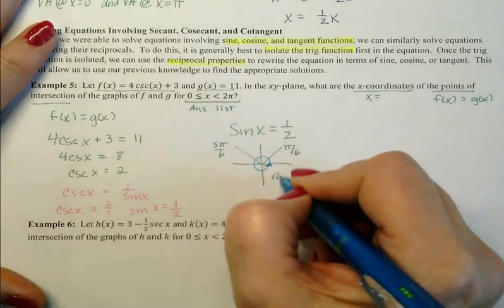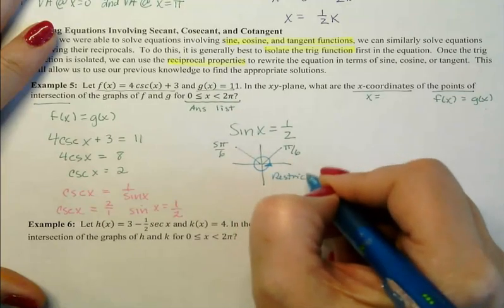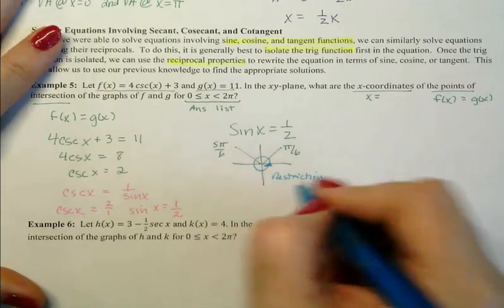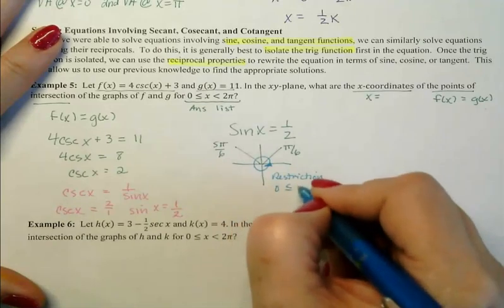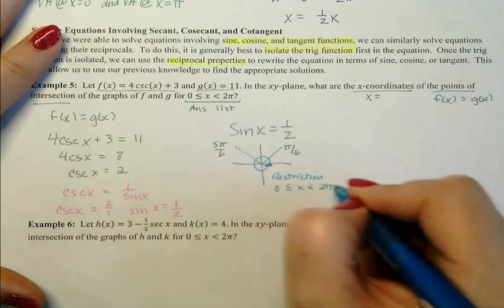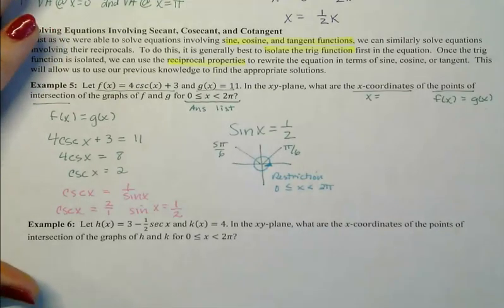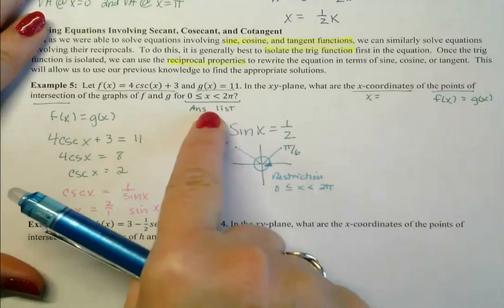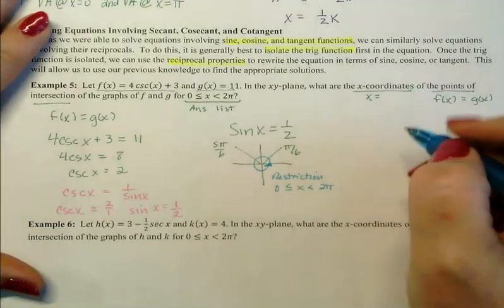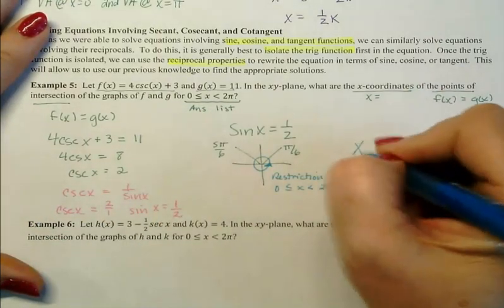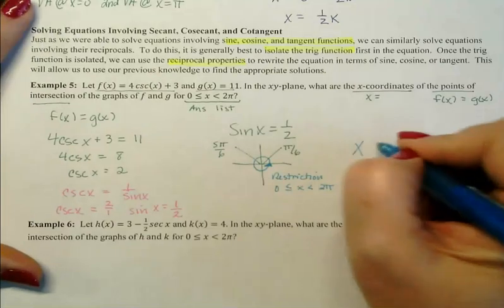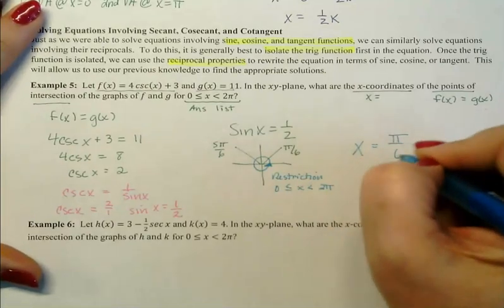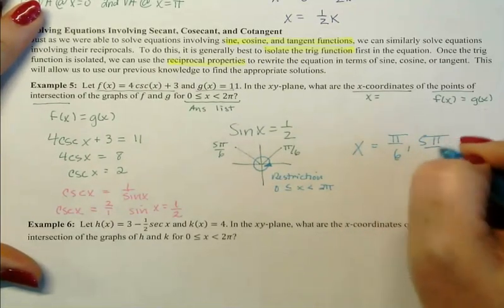The restriction, I'm just writing this in our notes so that you have it. It's 0 less than or equal to x, which is less than 2 pi. So we would not include 2 pi if that were a possibility. And we said that our answers were going to be in a list when we have that restriction. So our list is simply going to be x, because that's our unknown in the equation, equals pi over 6 and 5 pi over 6.